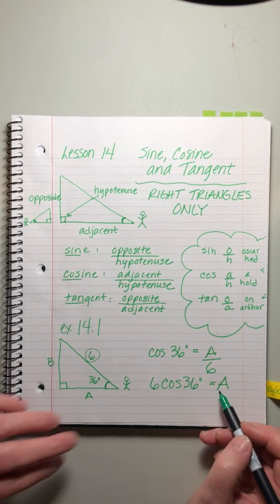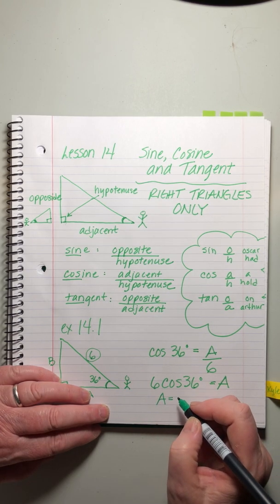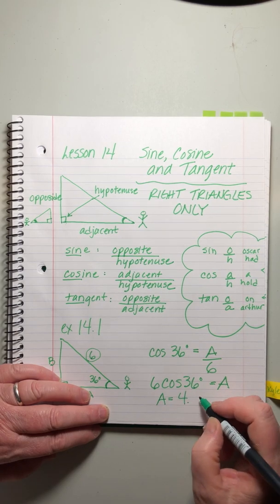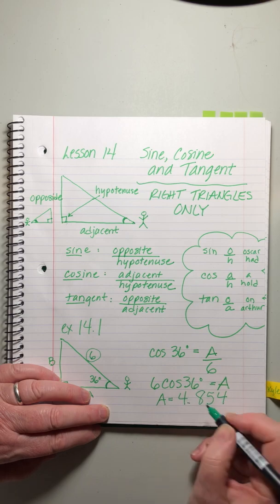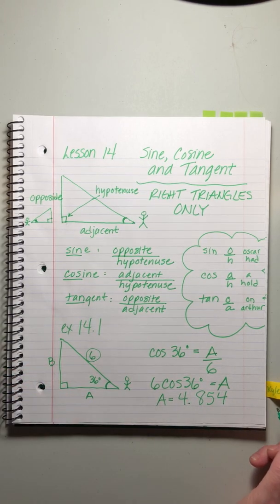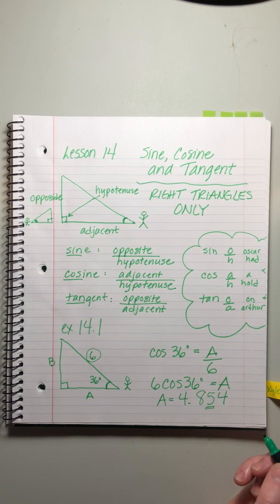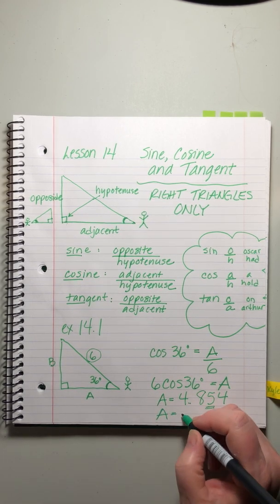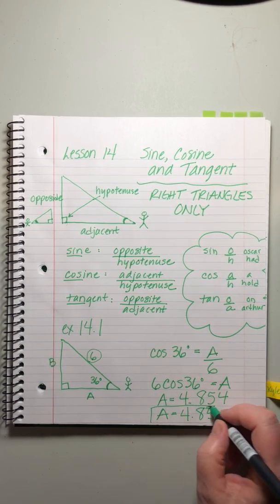That will give you the value for A, and the value you should get is 4.854, and I think it goes on from there. We're typically going to round to the hundredths place, so we would round this to A equals 4.85.